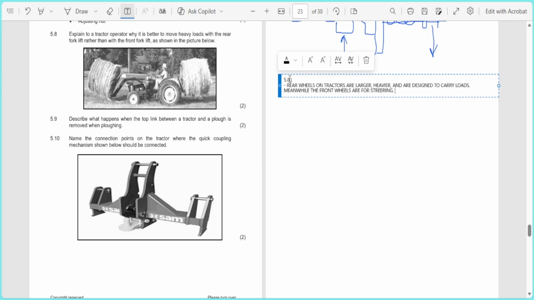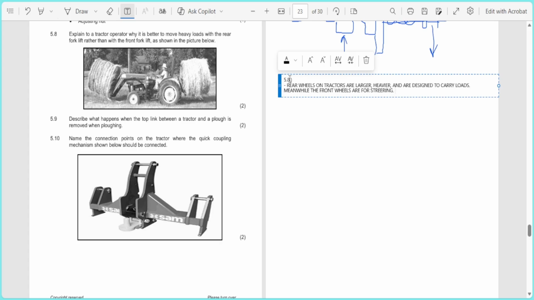Describes what happens when the top link between a tractor and a plow is removed when plowing. That's 5.9. Okay, so the top link creates a three-point linkage system that controls implement depth and angle.